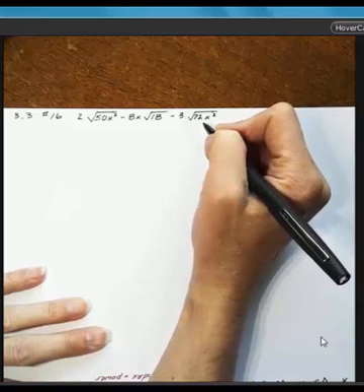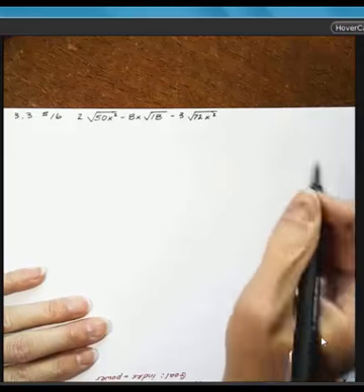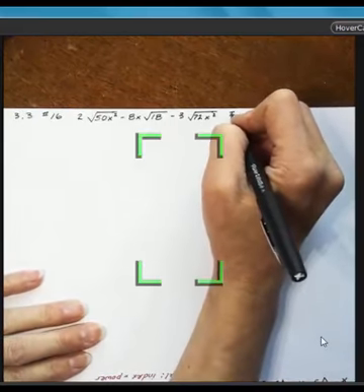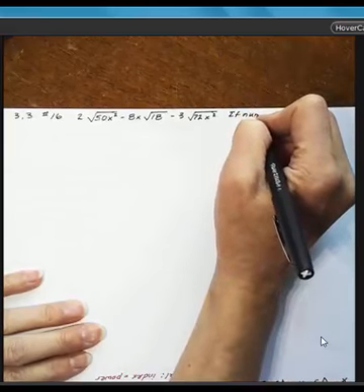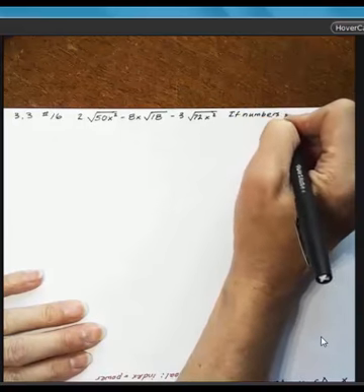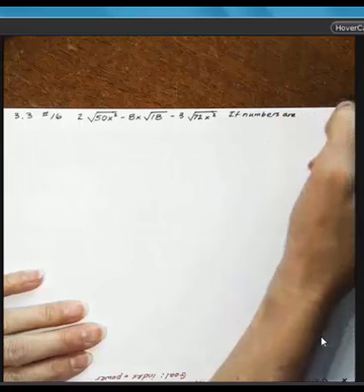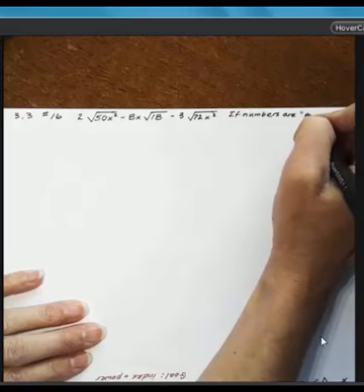root are non-negative. So what that means is, if numbers are non-negative, that means that they are positive.